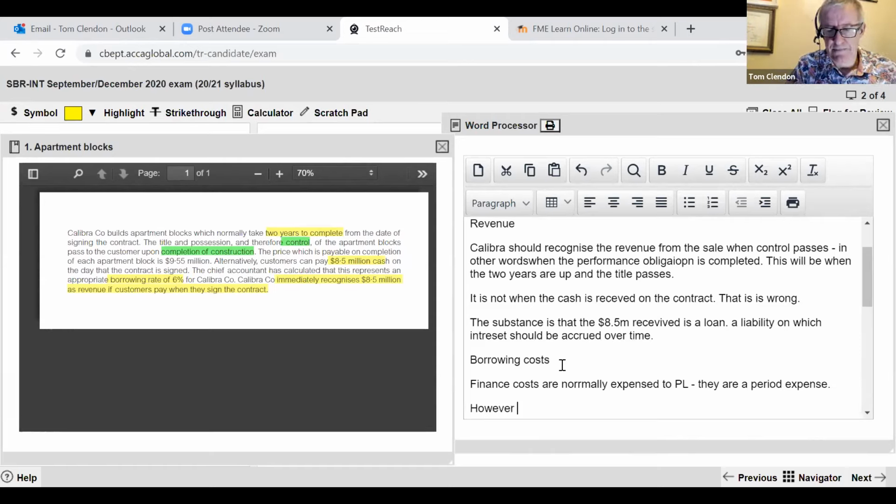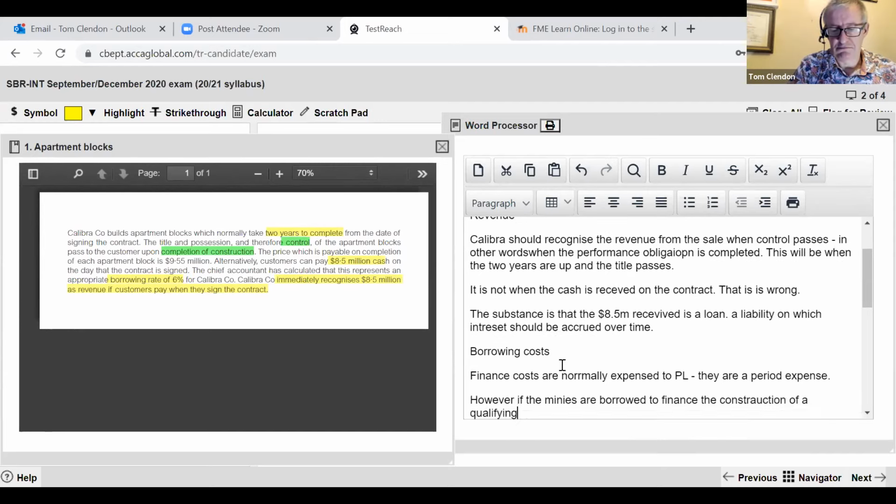However, if the monies are borrowed to finance the construction of a qualifying asset, then the interest is capitalized.